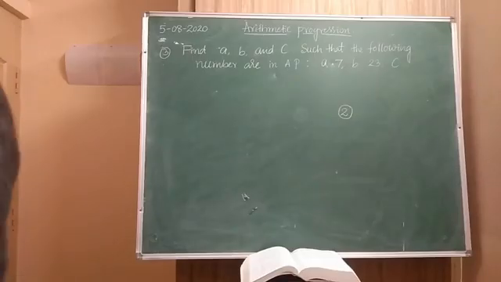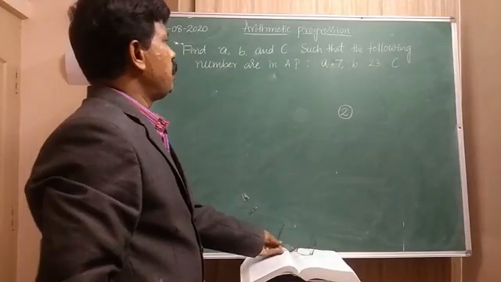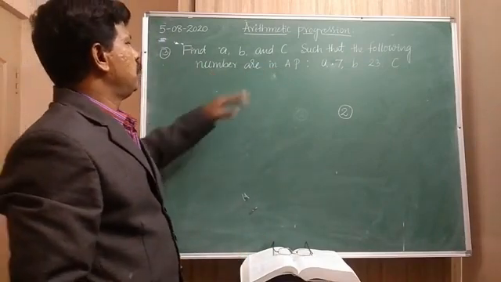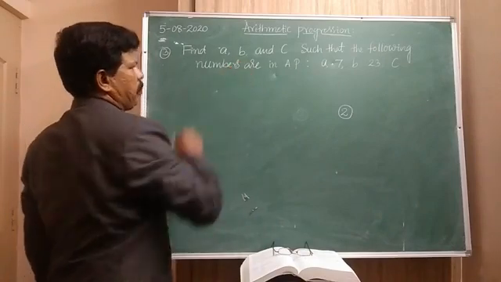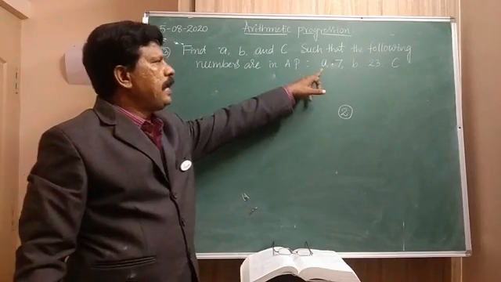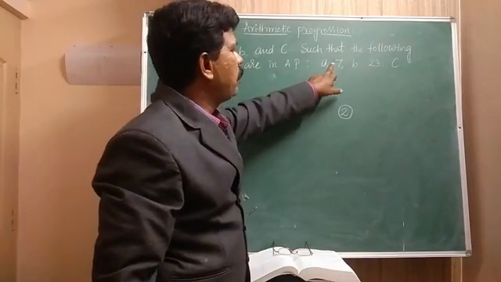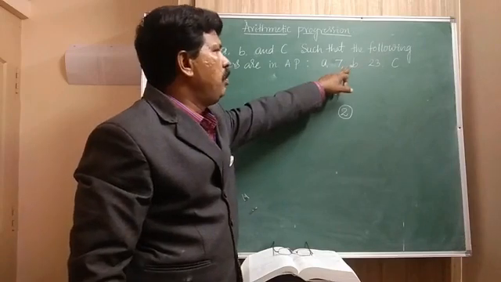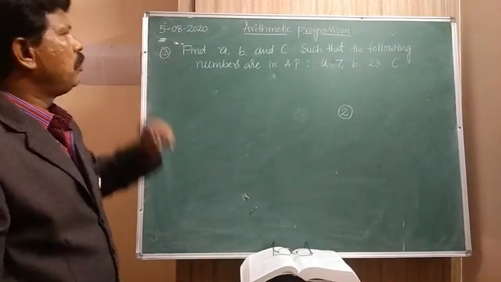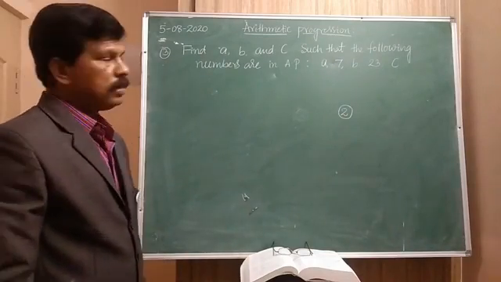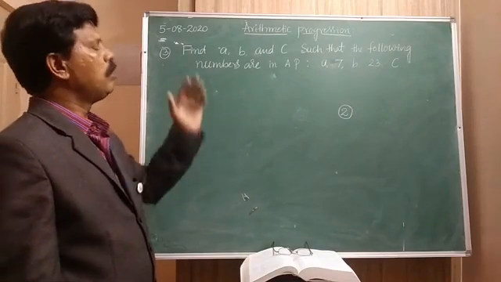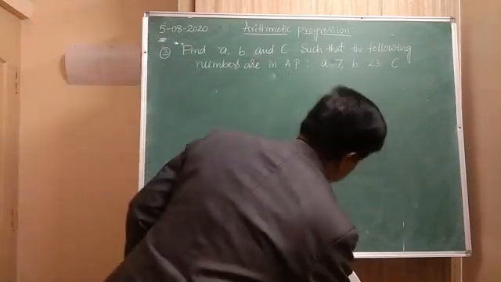The next problem is find A, B and C such that the following numbers are in AP. The numbers are A, 7, B, 23, C. Now to find out A, B and C, what concept should we use here?